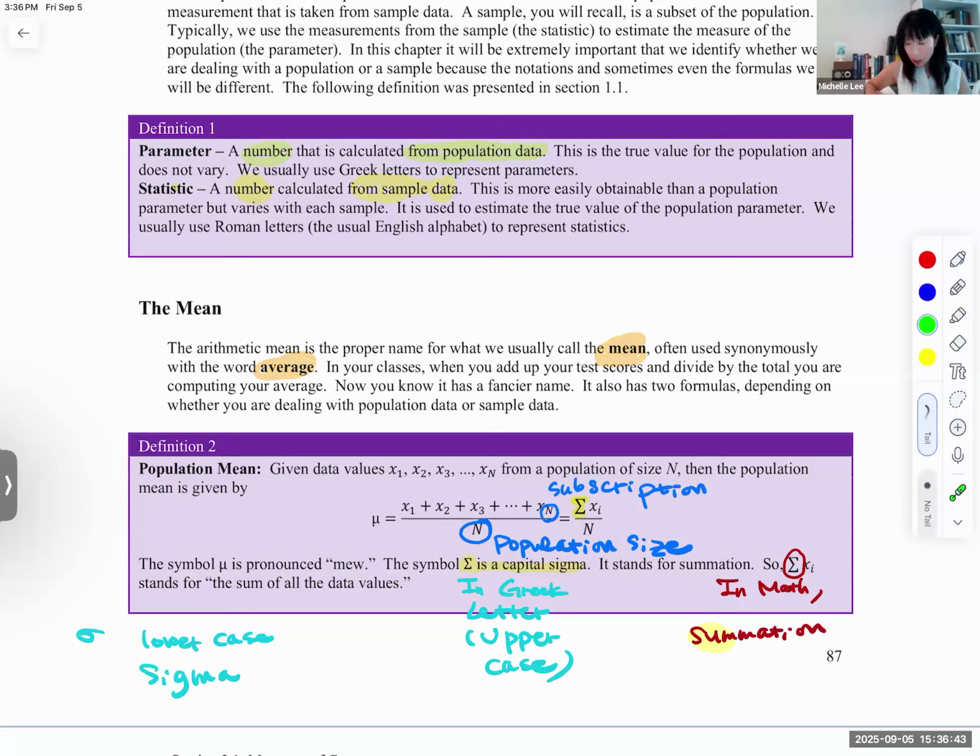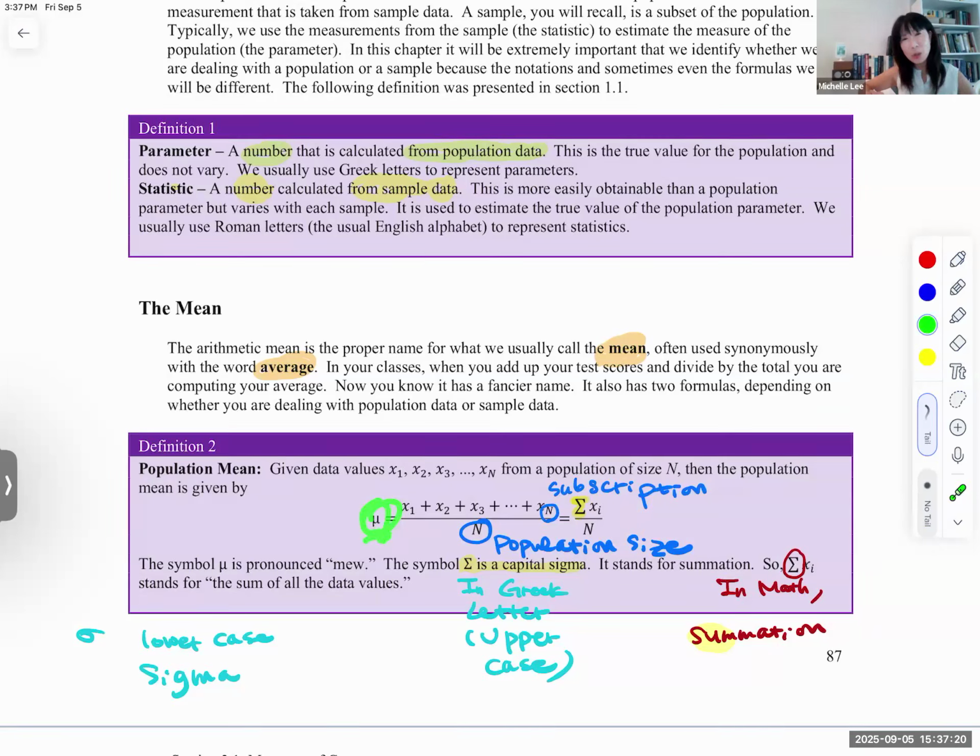Each data value, we add everything up. It depends on how many data values there are. Since it's a population mean, if we want to survey the whole company, and the company has 300 employees, then there will be 300 values.